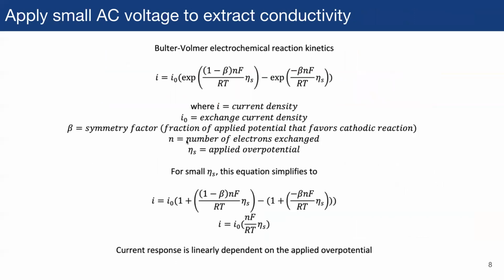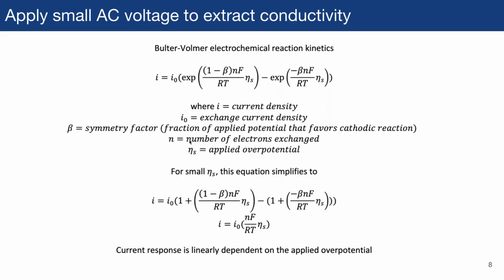The other thing that we do in our alternating current approach is use very small voltages. To give you an idea, usually these voltages are on the order of about 10 millivolts. The reason we do this is that we can get out from the Butler-Volmer electrochemical reaction kinetics.